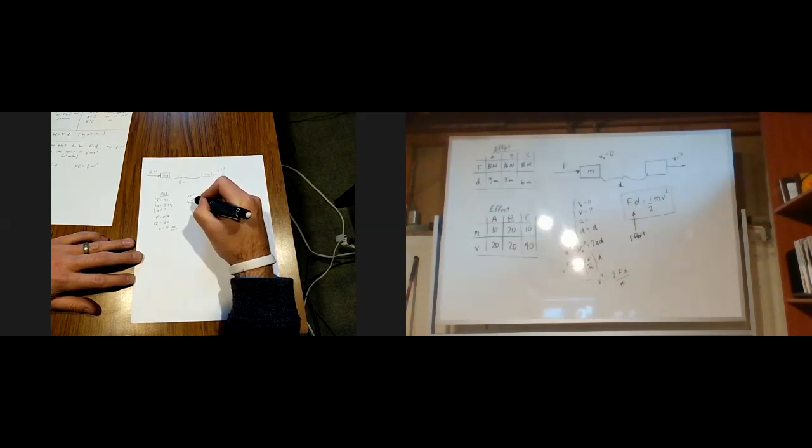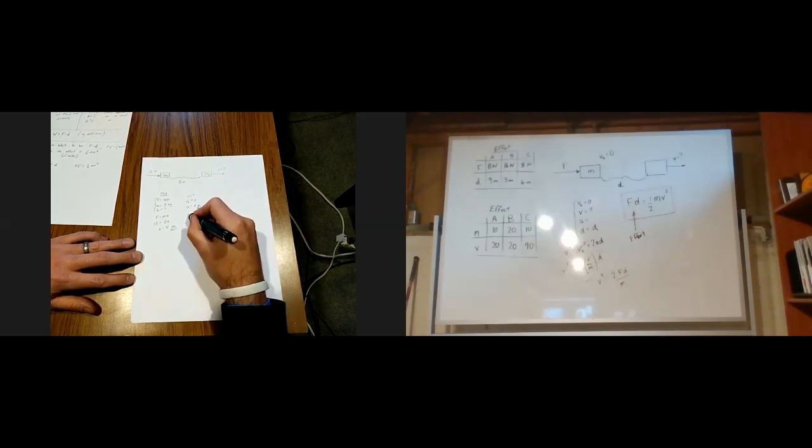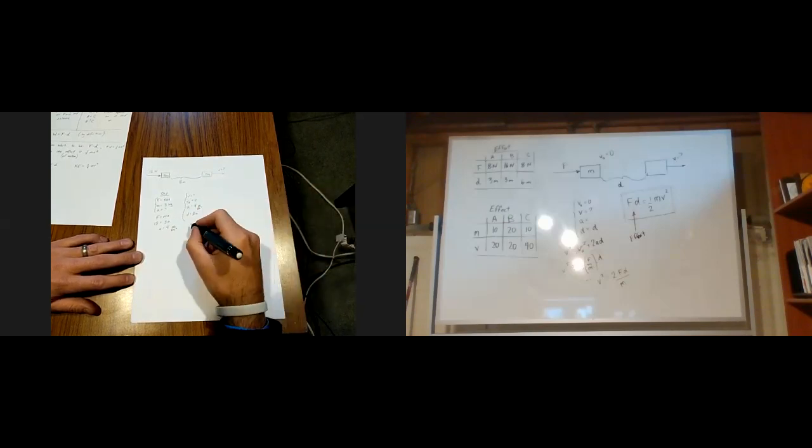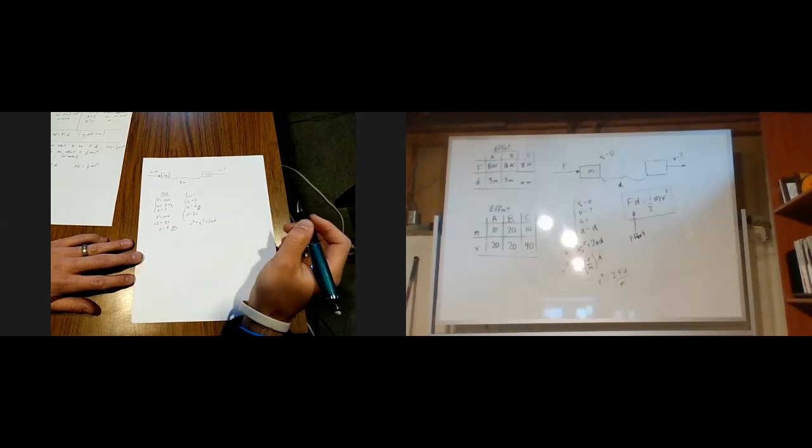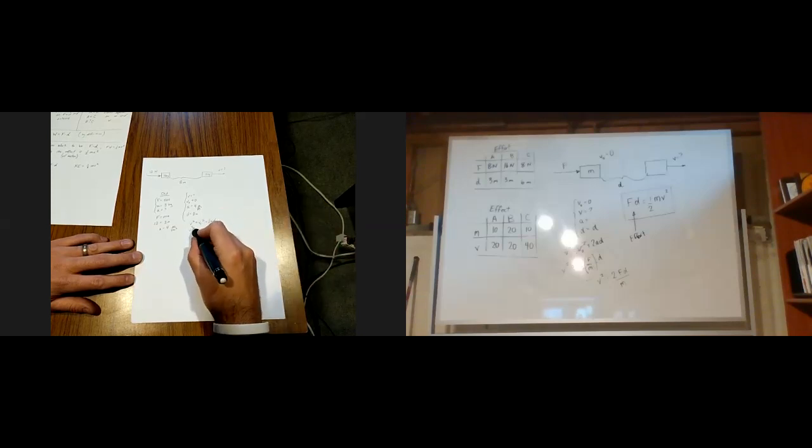The initial velocity is 0. The acceleration is 4 meters per second squared. And the distance is 8 meters. By our third kinematics equation, we could find the final velocity. V squared is 64, means V is 8 meters per second.